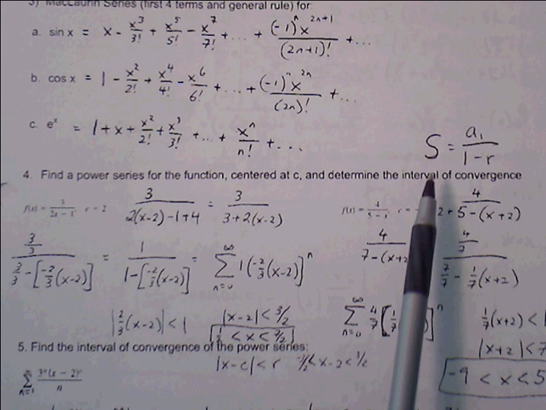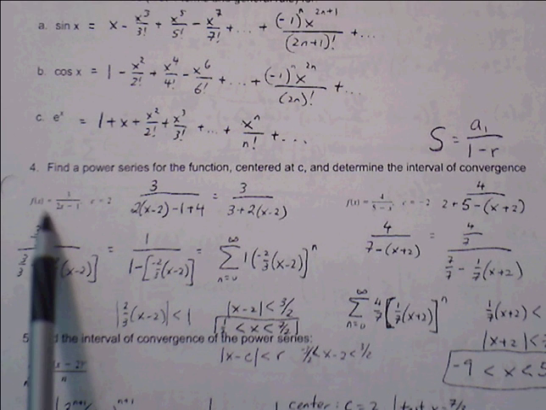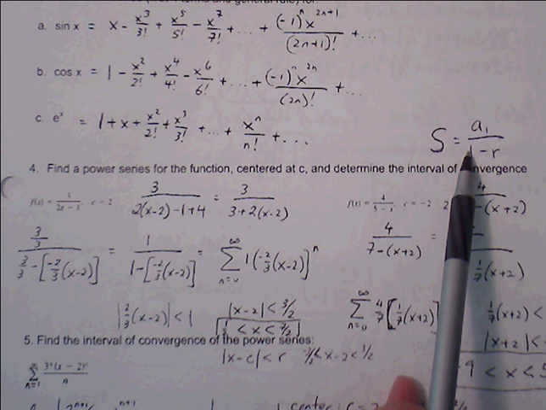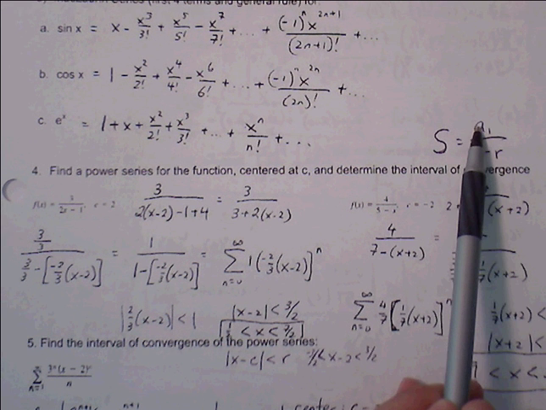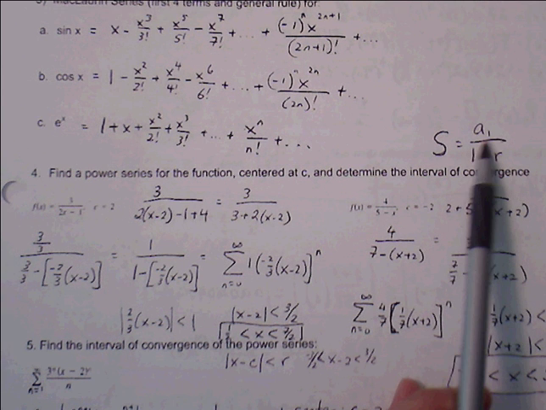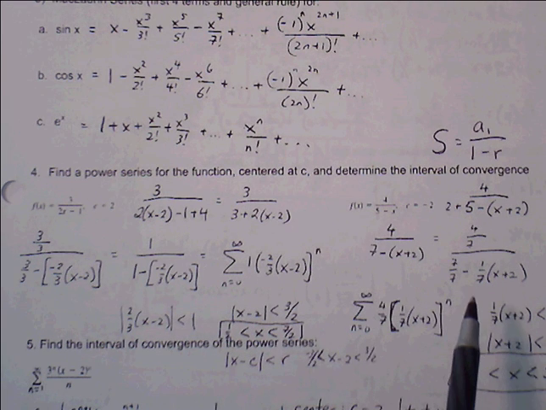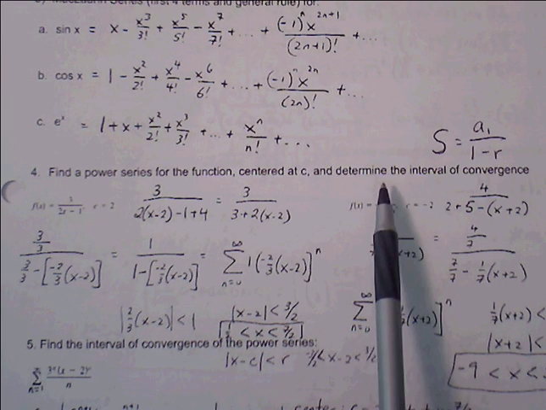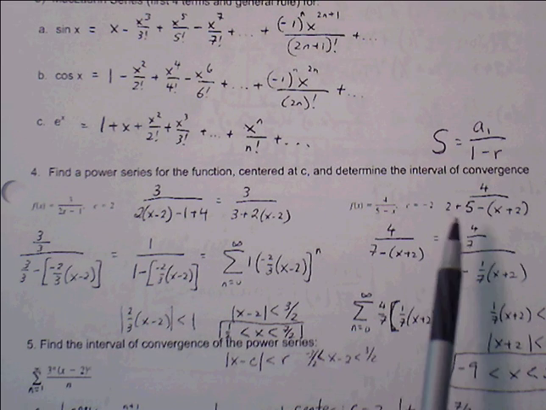So if we can somehow get this form to have a 1 minus r and then a numeric value up top, then we can figure out what the first term is and what the ratio is, and from there we can build not only our power series, but also use that to help us determine our radius of convergence and our interval of convergence.